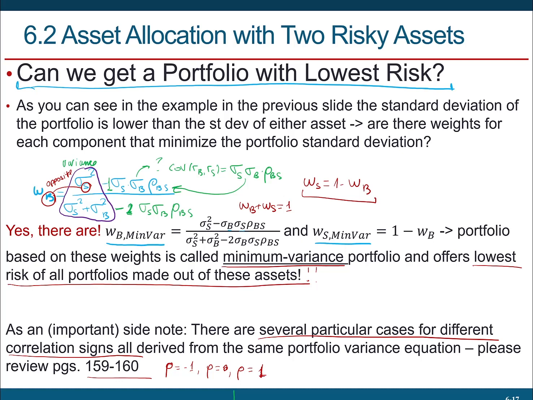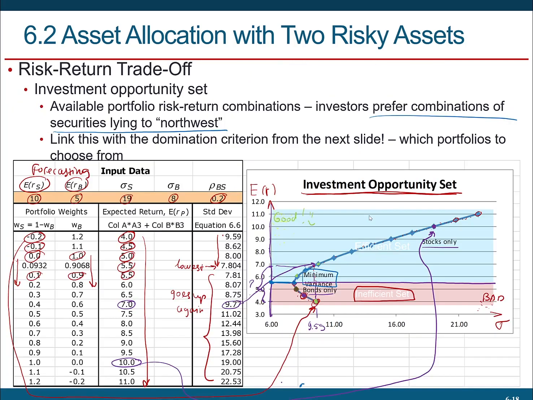So the question you have to ask yourself, hey, we actually try to find a portfolio with the lowest risk. Okay, we found one. Here's the formula for the weights of that portfolio. So much invested in bonds, so much invested in stocks. Great. Then we use that insight to say, hey, are there any other portfolios? Let's see how they behave in terms of return and risk.